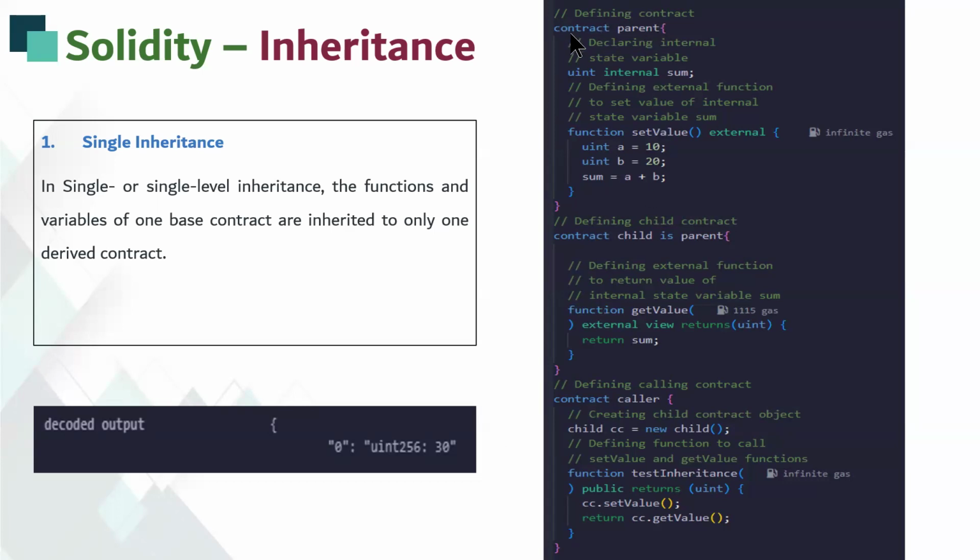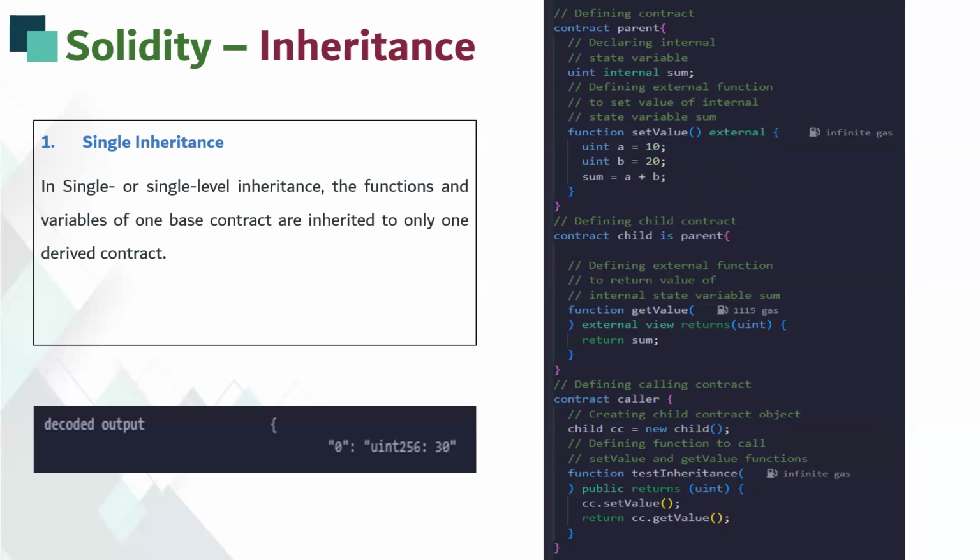Here, as you see, contract Parent is defined with a single internal state variable called sum. Then we have a setValue function, defined as an external function. It sets the value of the sum variable by adding two numbers, 10 and 20.